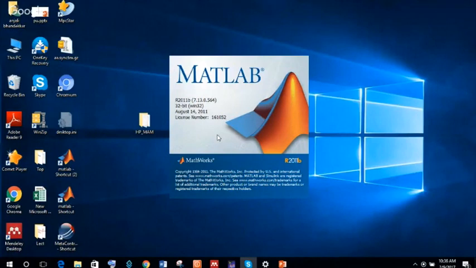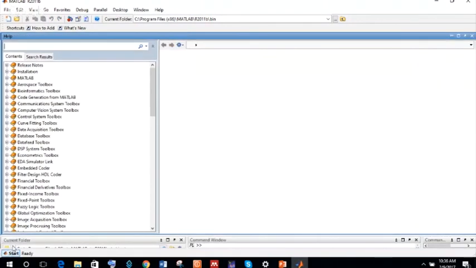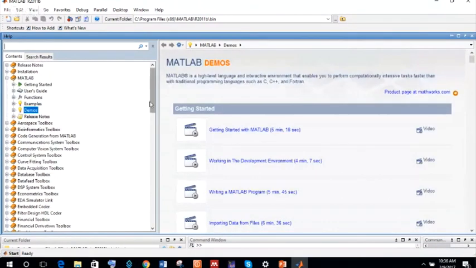Again, the path is the same. That is, we have to go to the start of MATLAB, not the start of our PC. Then go to demos, then in demos, SimPowerSystems.